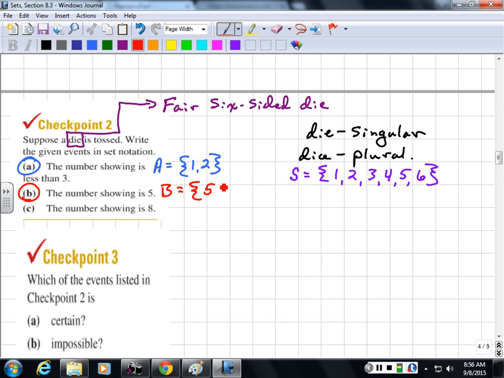And it looks just like that. Now let's consider C. The number showing is 8. Yeah, that one doesn't work, does it? So what would C look like? It's the empty set. I'm either going to establish it as this with nothing in it, or I can use the empty set notation that looks like that. Okay?